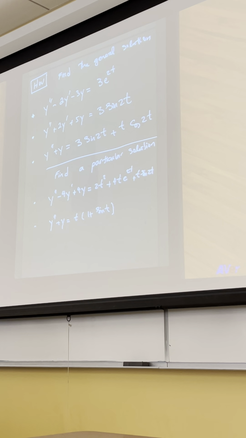These are from your book. 1 plus sine of t. And then read the variation of parameters method. And then I think after that, we're done with this section.